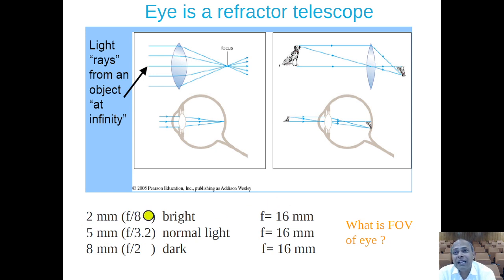So in this case our eye becomes f8. Now when you go to a dark room and try to see objects, then our pupil dilates. That becomes roughly 8 millimeter in size, and the f number becomes f2. So you can see the focal length of our eye actually does not change, but the f ratio, I mean the speed of our eye, changes.